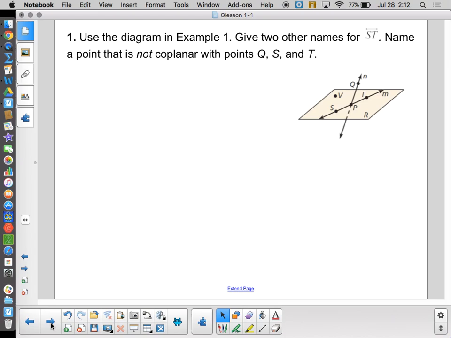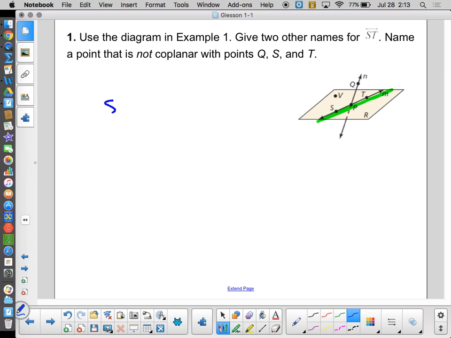Again, same idea, pretty much the same picture. You have: give 2 other names for line ST. Name a point that is not coplanar with Q, S, and T. So let's do another name for line ST. First, again, let's locate that. Line ST is this one right here. So I could call that, what's one?